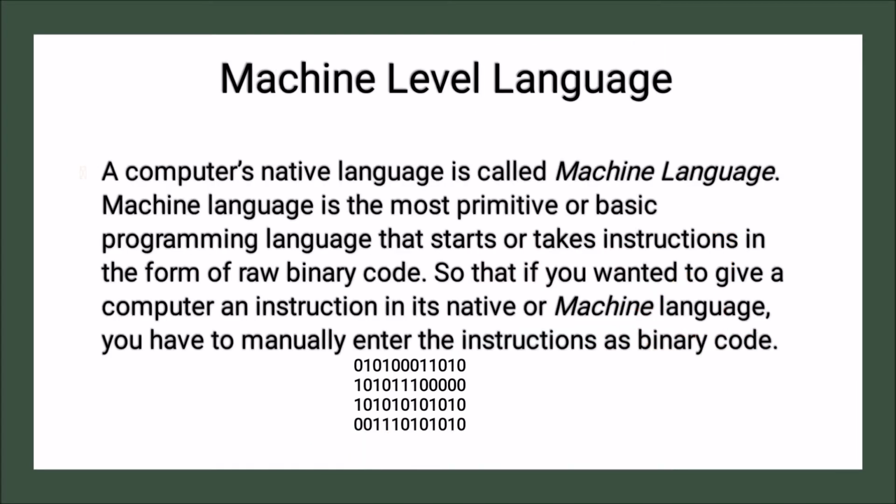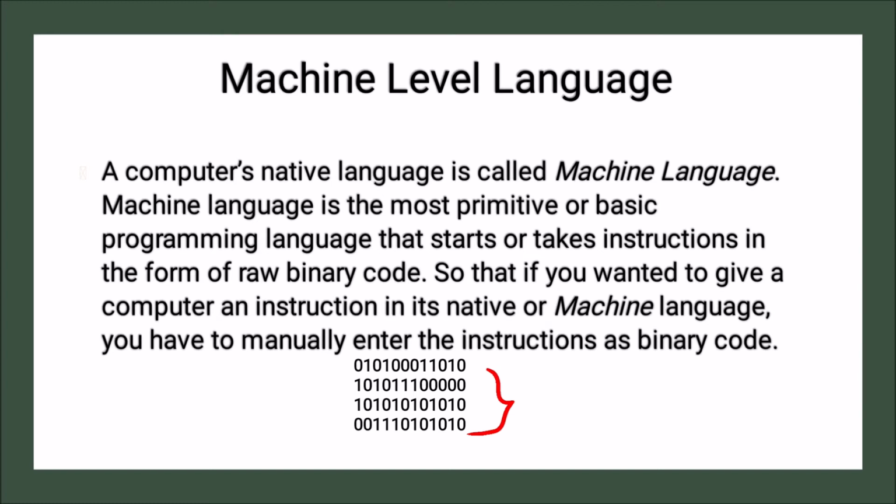Now, machine level language. A computer's native language is called machine language. Machine language is the most primitive or basic programming language that takes instruction in the form of raw binary code. I think all of you know that a computer only understands binary values, means a computer only understands 0 and 1.